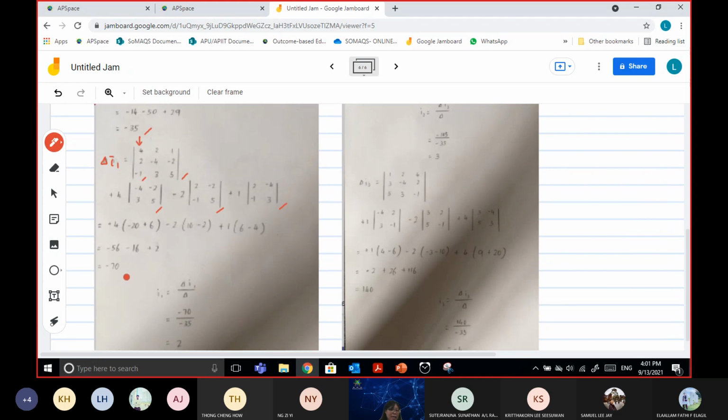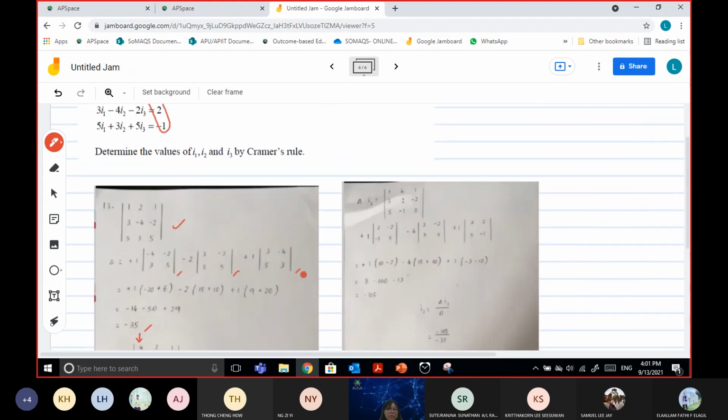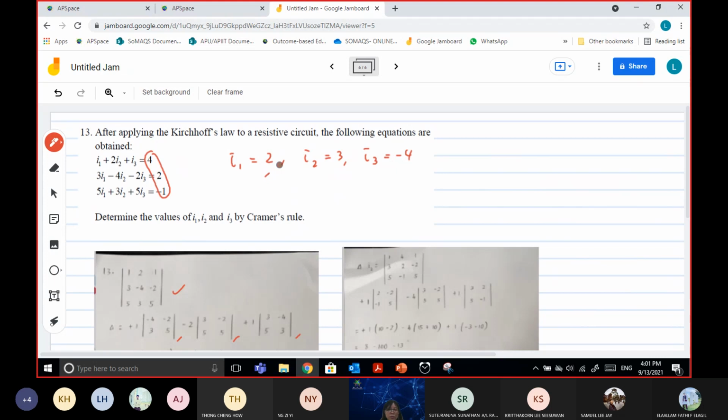Is that the same answer as yours? Yes, miss. Same. Then we find I1 by taking the determinant for I1 divided by the determinant of negative 35. Negative 70 divided by negative 35 is 2. So I1 should be 2.